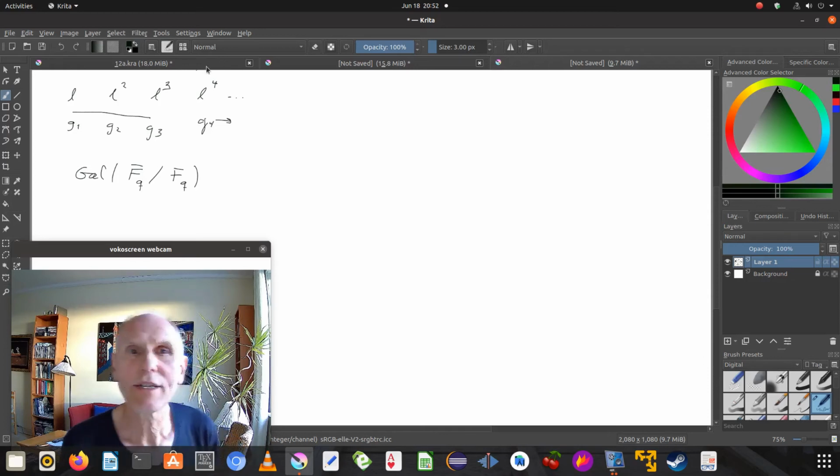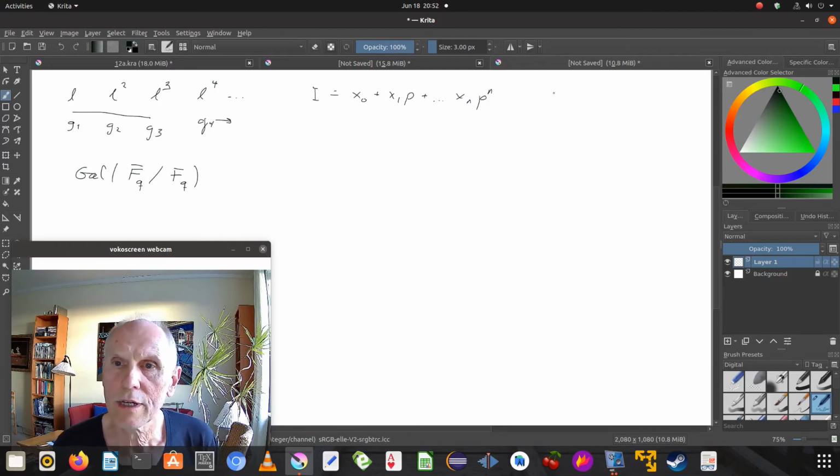As you can hear, I have a loose idea on what to do. So an integer can be written x0 plus x1p plus xnp to the nth, where xn lies between 0 and p minus 1.